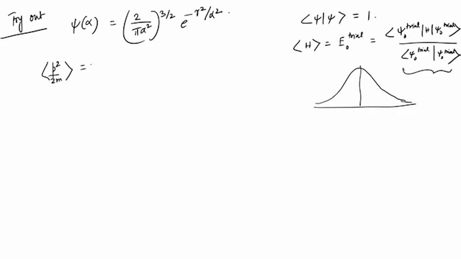So, you can try out exactly the way that you have done it. So, 2 by pi alpha square whole to the power 3 by 2, and you have a minus ħ² over 2m, and then we have a 4 pi r square dr e to the power minus r square by alpha square.